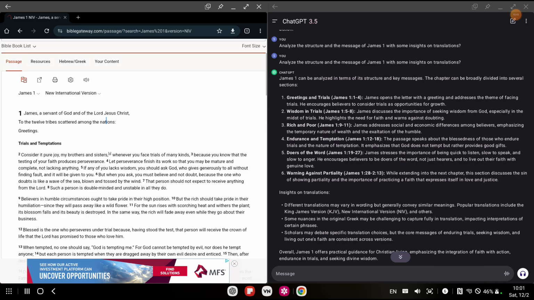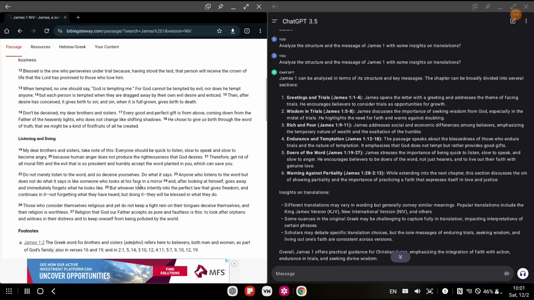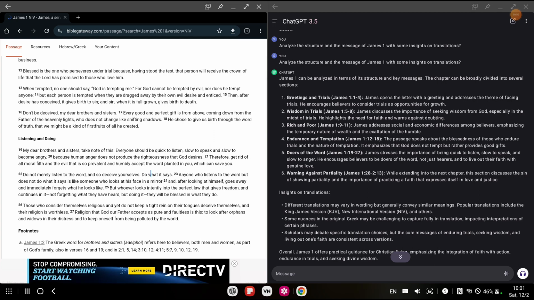For instance, if you're trying to write a persuasive essay, as you can see, many aspects of the Bible are persuasive towards the Christian faith and why a Christian believes what they believe. If you are persuaded in that way and you have conviction on something, you aren't going to live like the opposite of it. That's what I interpret here. So doers is being quick to listen, slow to speak, and slow to anger. You're going to embody these values that are being shown, and then warning against partiality.